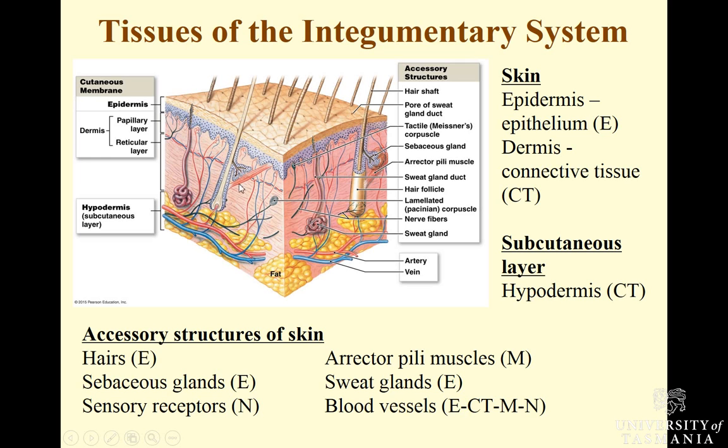We can see erector pili muscles, which are special smooth muscle cells which contract to help hair to stand up on end. We can see some sweat glands, and of course all throughout this we find blood vessels, and of course blood vessels within their own structure have all of the basic building block tissues associated with them as well.